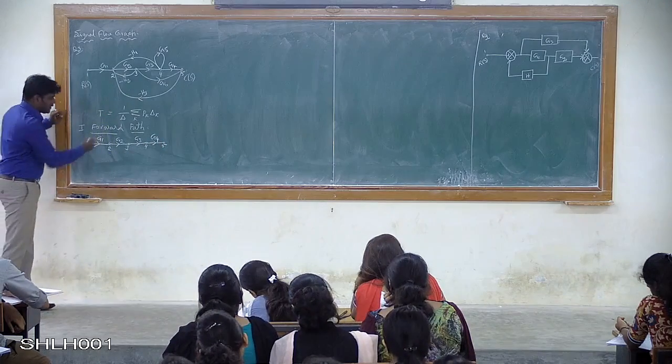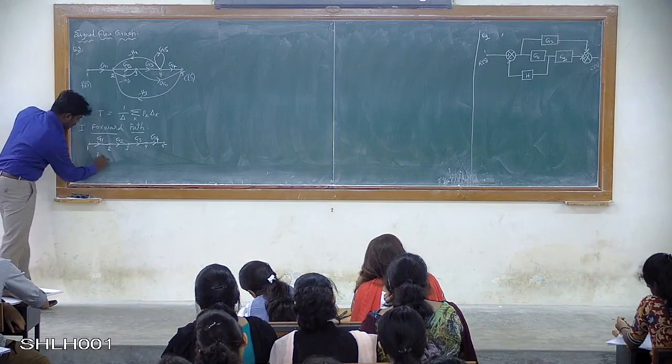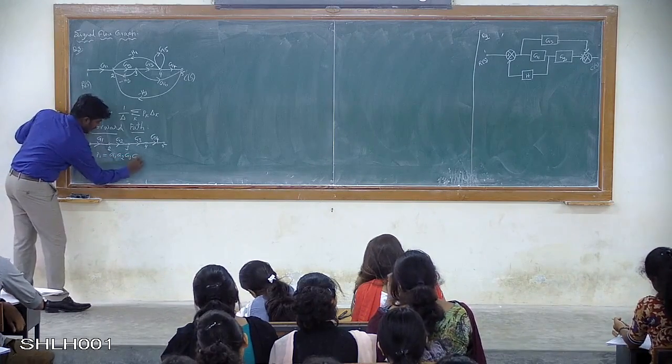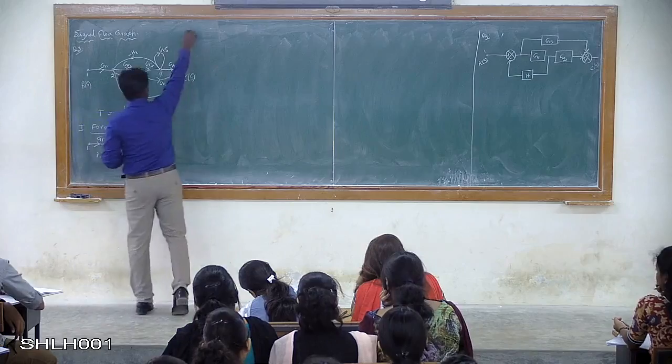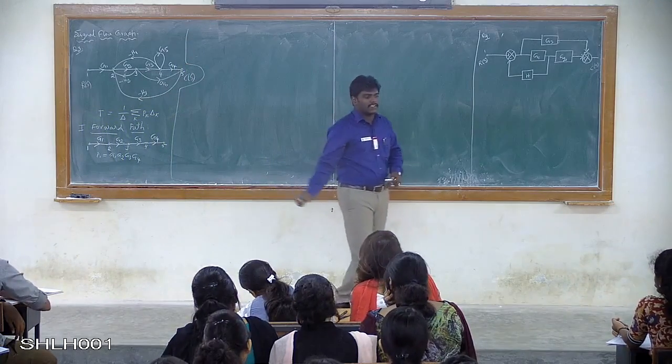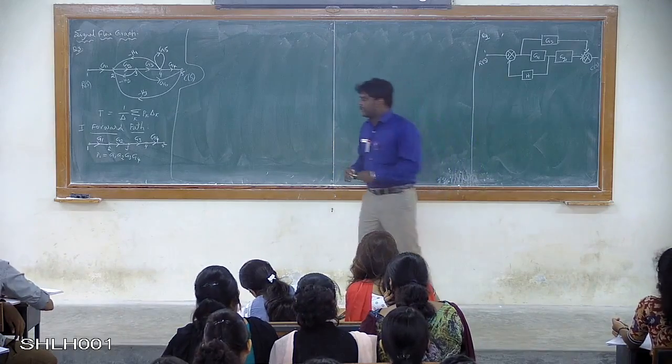So this gain value has to be written as P1 is equal to G1 G2 G3 G4. We have found the first forward path and written its gain value.